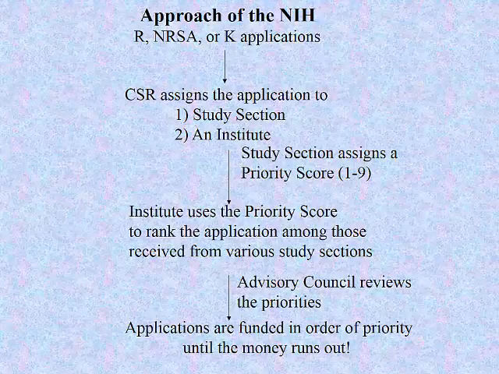If your proposal is a fit at 2 institutes, which happens sometimes, you might be a fit at Heart, Lung, and Blood, and you might also be a fit at Aging. Or you might be a fit at Mental Health, and you might also be a fit at Maternal Child Health.